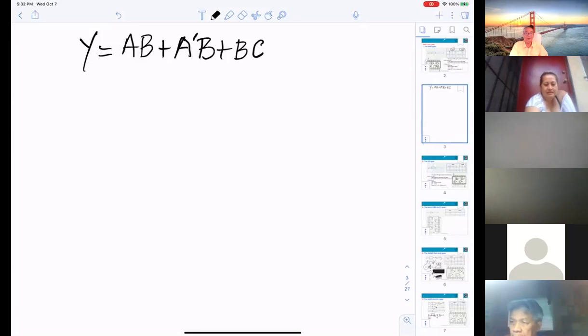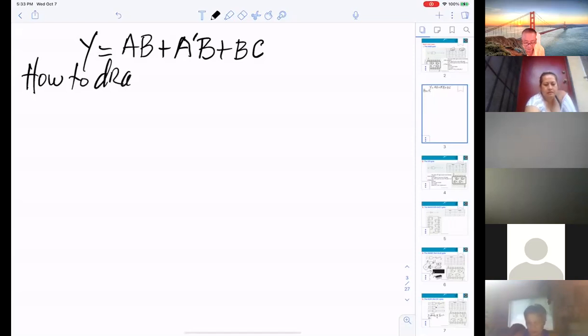Now, from this equation, after you get the equation, I teach you how to implement it, how to draw the circuit. So number 1, you draw NOT.